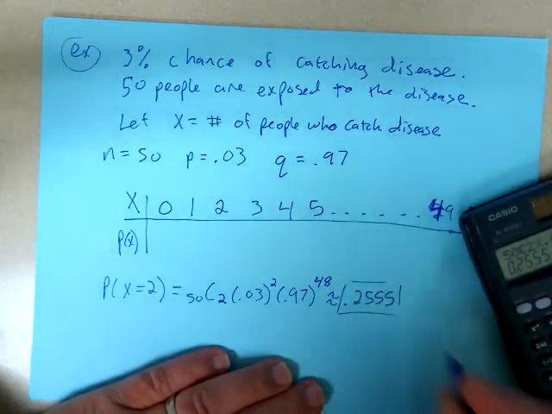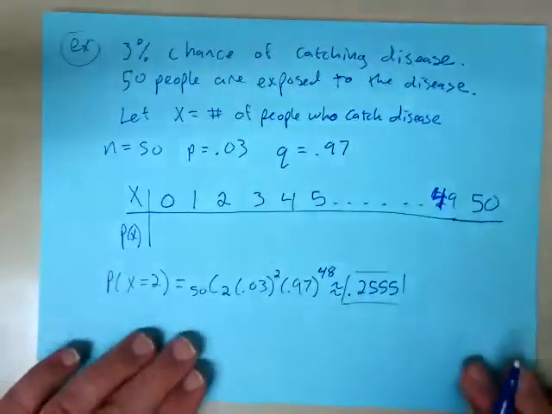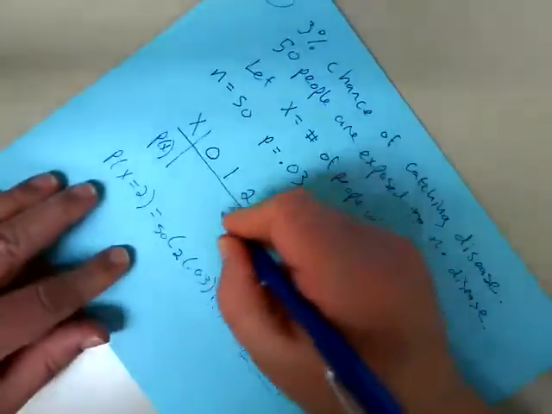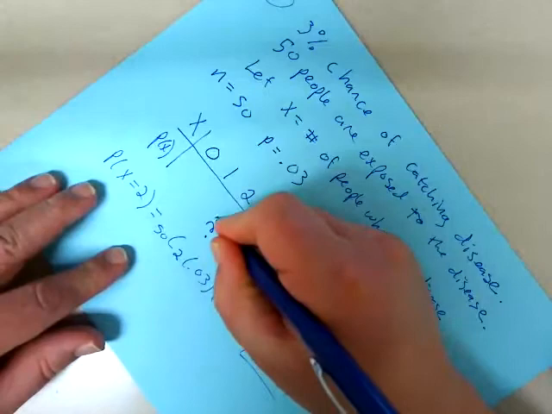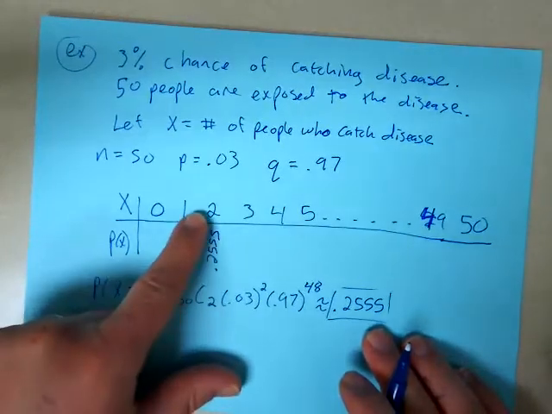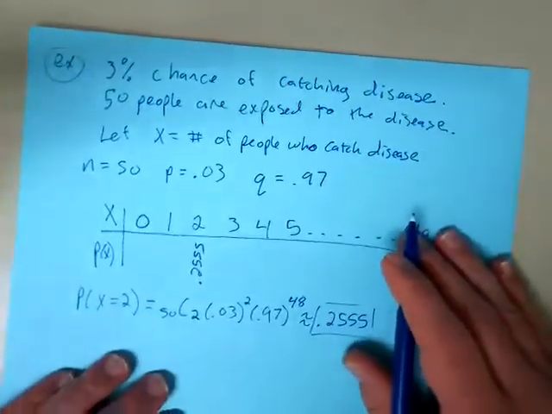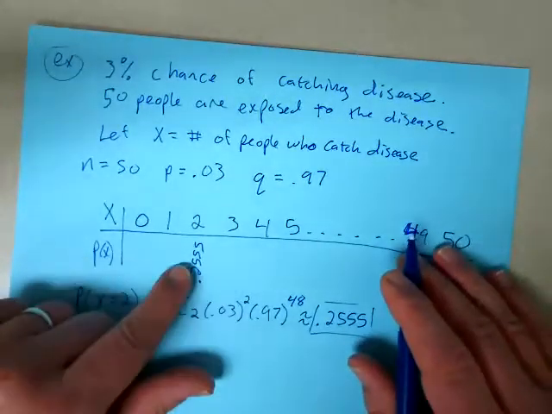Okay, so now the important thing to realize is what this binomial probability formula gives you is each of these probabilities. So this one is 0.2555. Okay, so this is the probability that x is equal to exactly 2. And I'm going to write them vertically like that, so I'm not trying to squeeze them in here. So that's the probability that it's exactly 2.